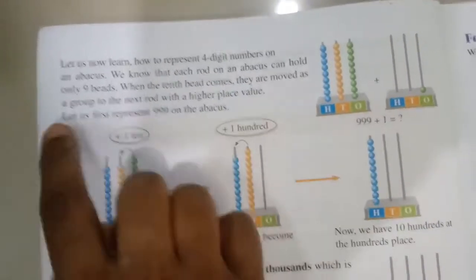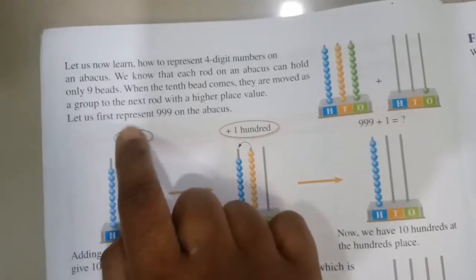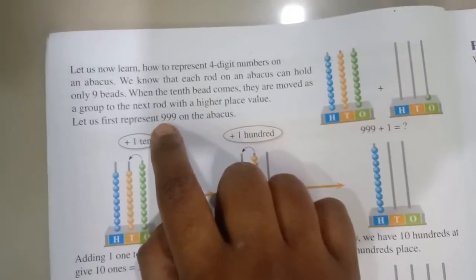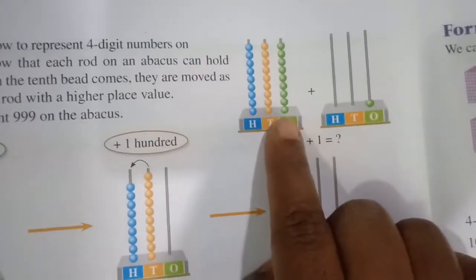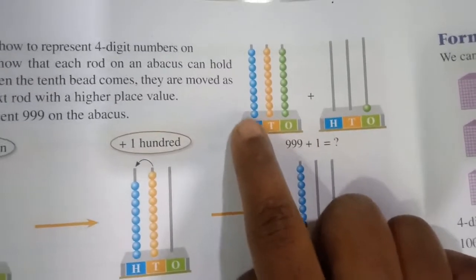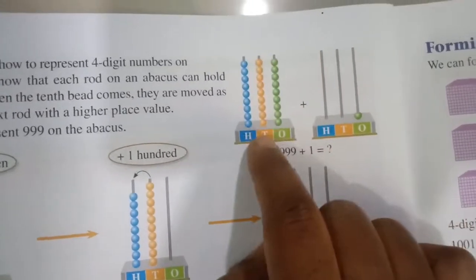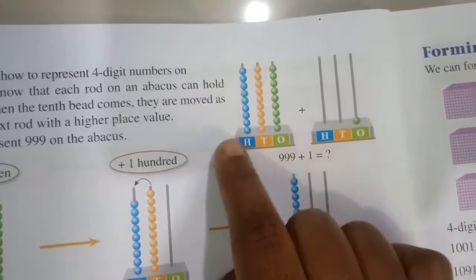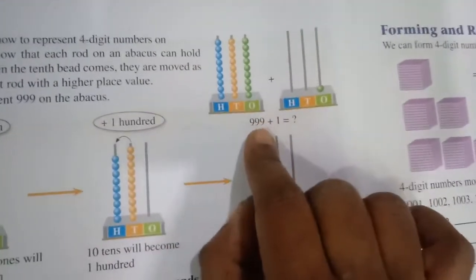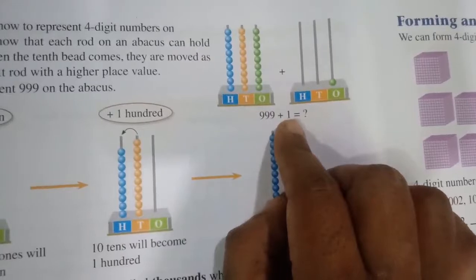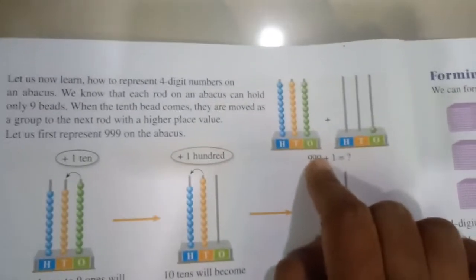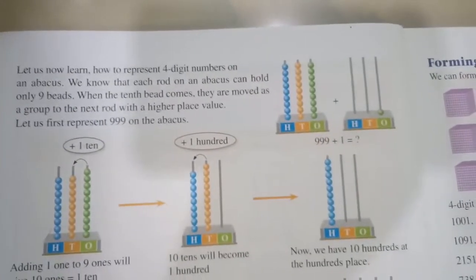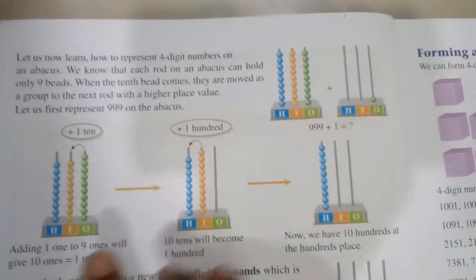Let us first represent 999 on the abacus. See here, what did we do here? 999: 9 ones, 9 tens, 9 hundreds. If we add 1 to 999, what will happen? You know 10 hundreds equal 1000.